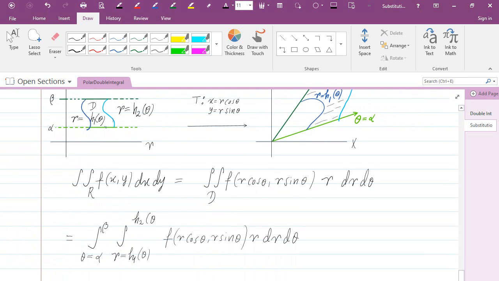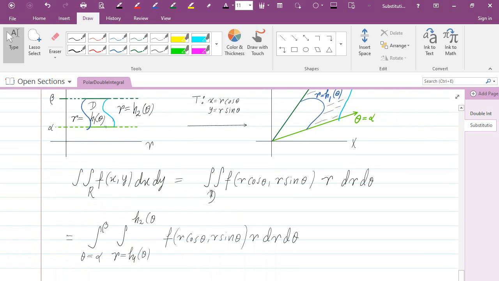And the double integral over D can be written as an iterated integral. So integral from alpha to beta, integral from h1 to h2 of this integrand right here. So the double integral over D here can be expressed as an iterated integral because this is a horizontally simple region.